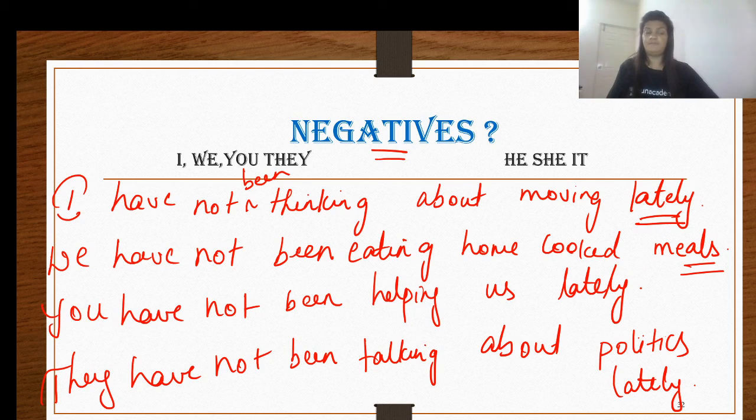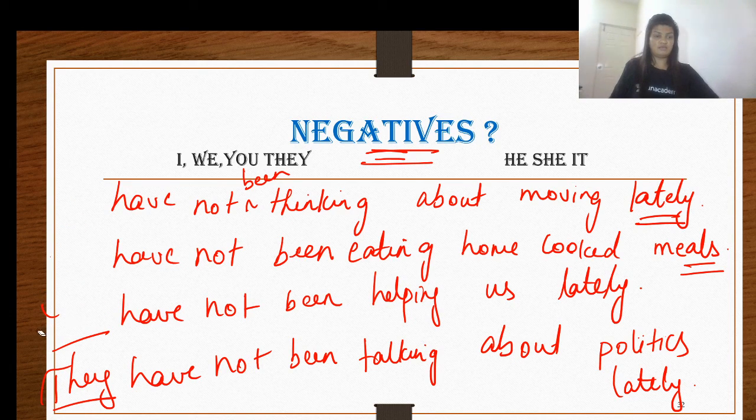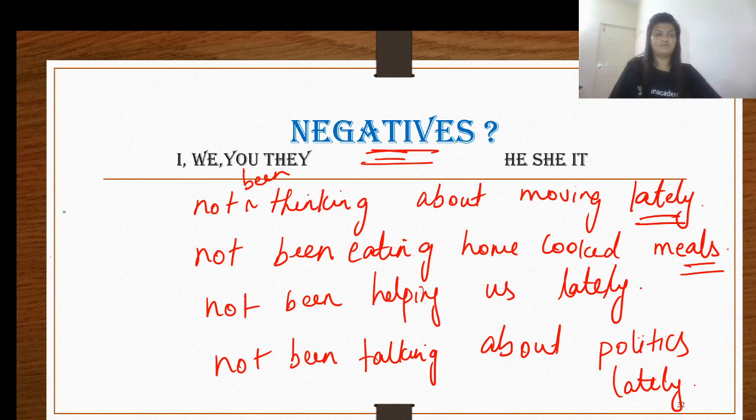So with the subject I, this is the kind of sentence structure that you follow to negate the points. With the subjects he, she, and it, we use plus s verbs, let us say, she has not been thinking about moving lately, and he has not been eating home-cooked meals.